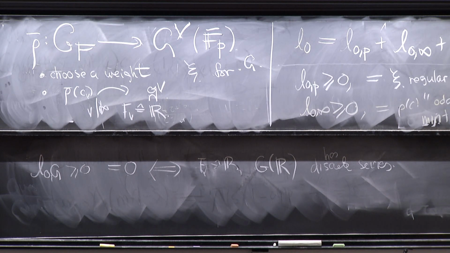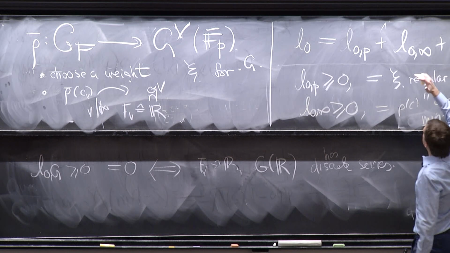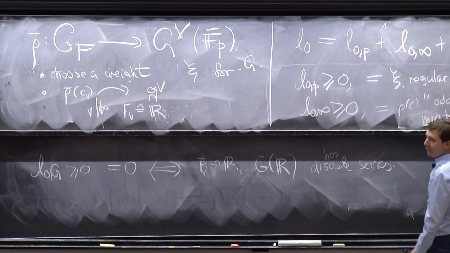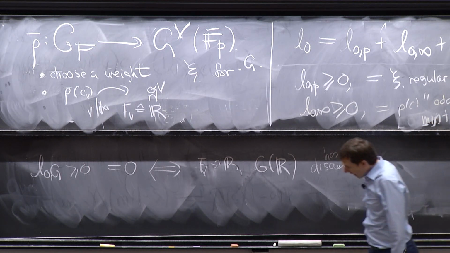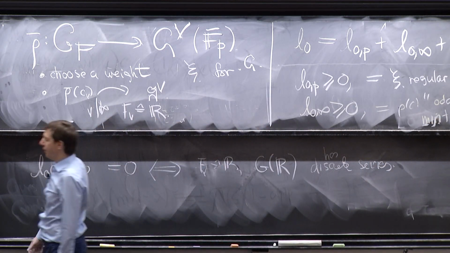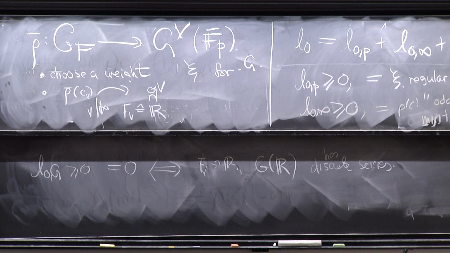So in order for L0 to be 0, I need three simultaneous things to happen. I need to be in regular weight. I need to have something as odd as possible. And I need to be in a group with discrete series. And these are, in fact, exactly the three conditions in which the Taylor-Wiles method, that's kind of done originally by Taylor-Wiles, but certainly extended by Clozel, Harris, Taylor, exactly where they apply.